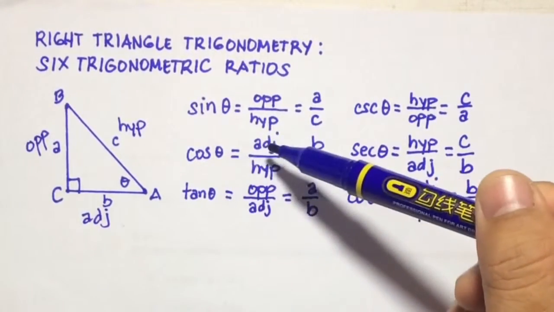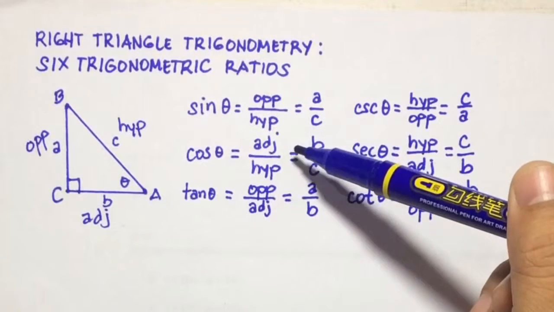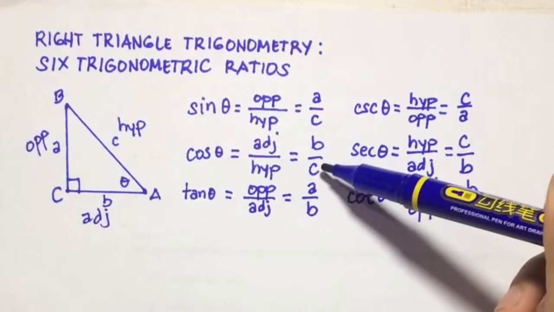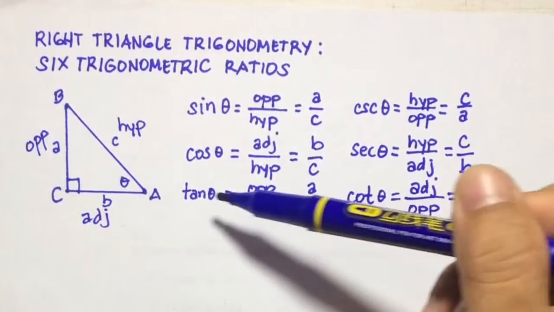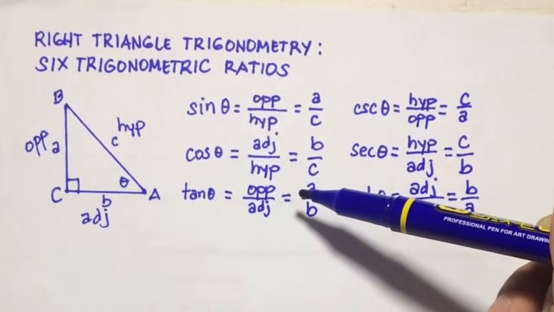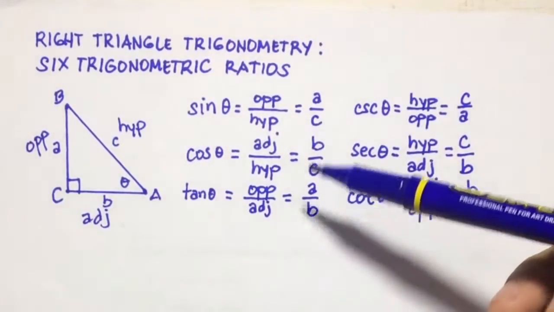Then cosine of theta is equal to adjacent, which is B, over hypotenuse, which is C, so B over C. And tangent of theta is opposite over adjacent, that is A over B.